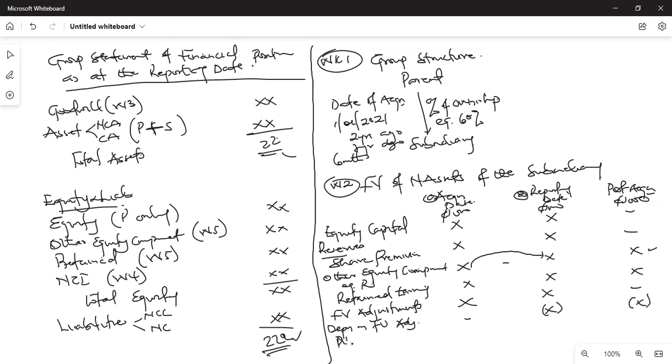Now, the PAPs, I'm going to split it into two. I have PAPs inventory. Okay, and for the PAPs inventory, it is only when the subsidiary is selling to the parent. Subsidiary sells to parent is what we are interested in here. However, there is another PAP that may arise from PPE transfers.